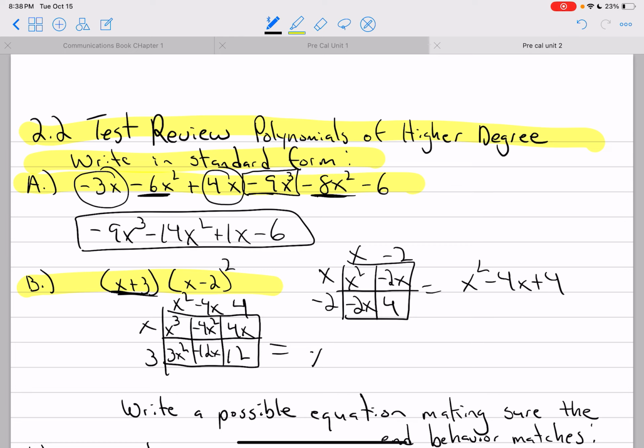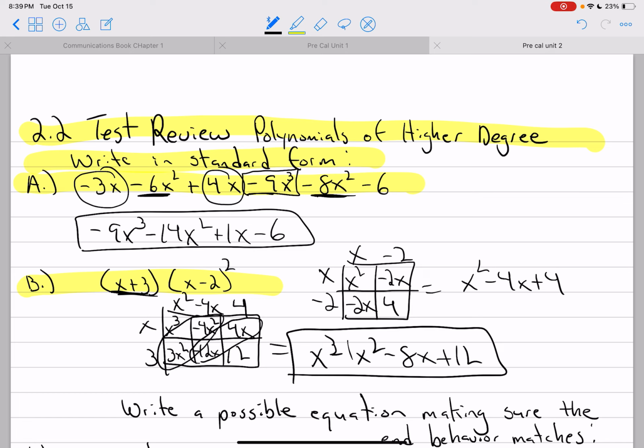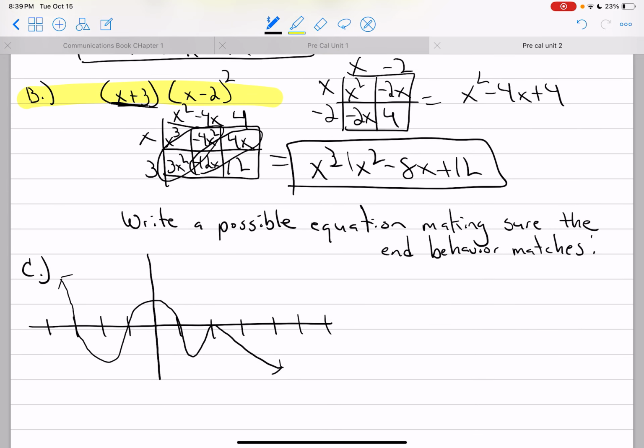So ultimately I get x cubed minus 1x squared, put those together, minus 8x plus 12. Boom, boom, boom. All right, next part.